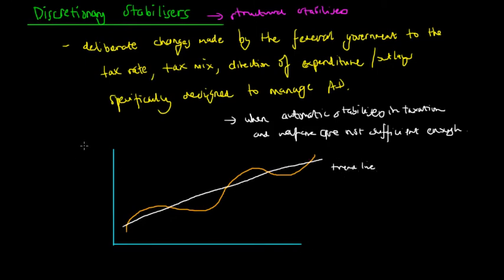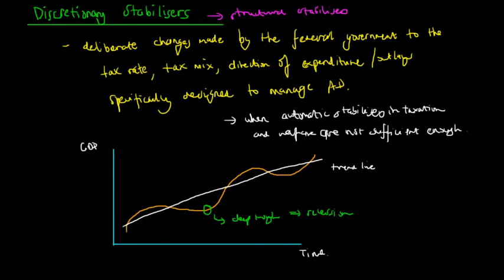We're going to see that the y-axis is GDP and the x-axis is time. So let's say the economy, a few years ago, was in a deep trough, even approaching recession. And this was the case when the GFC hit the economy.